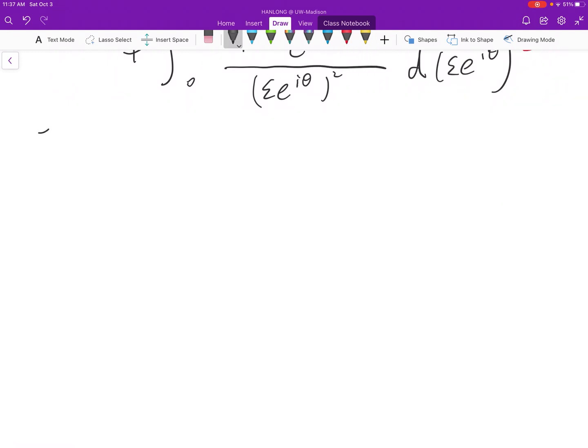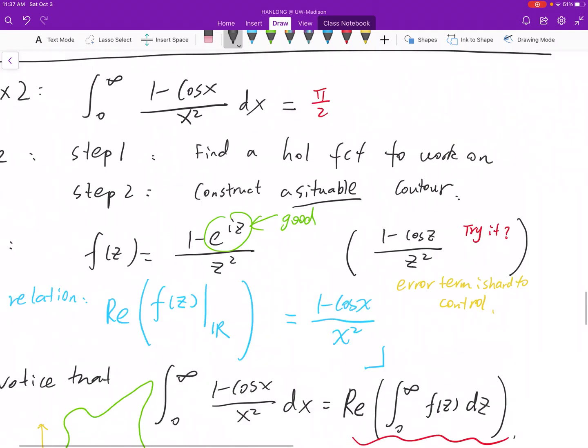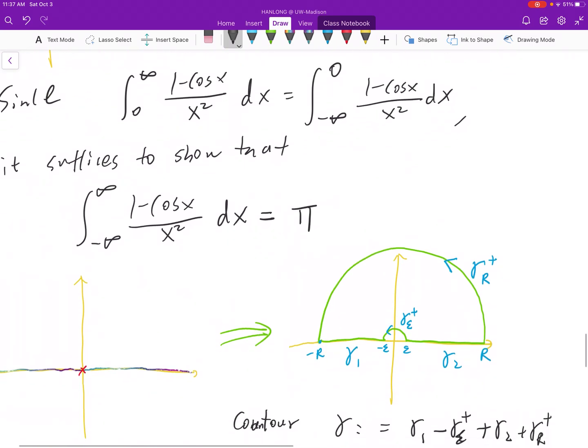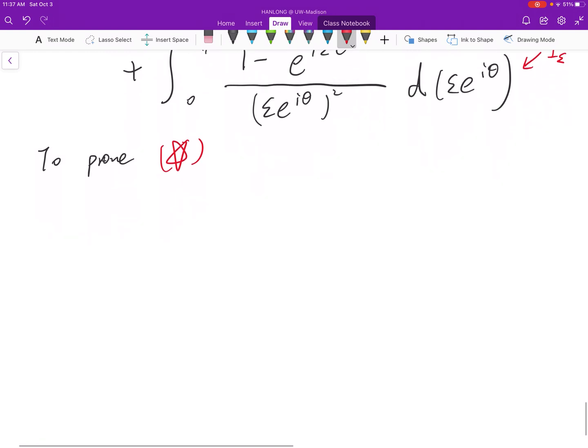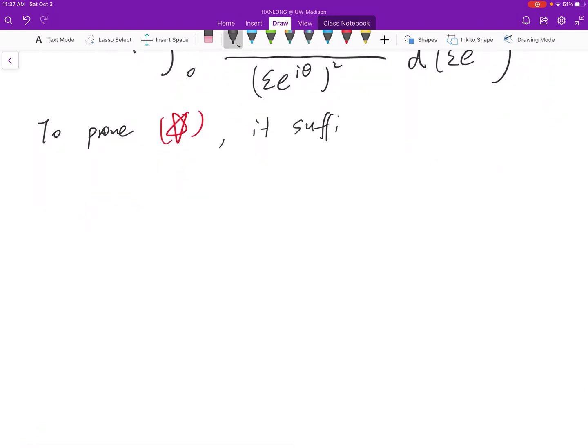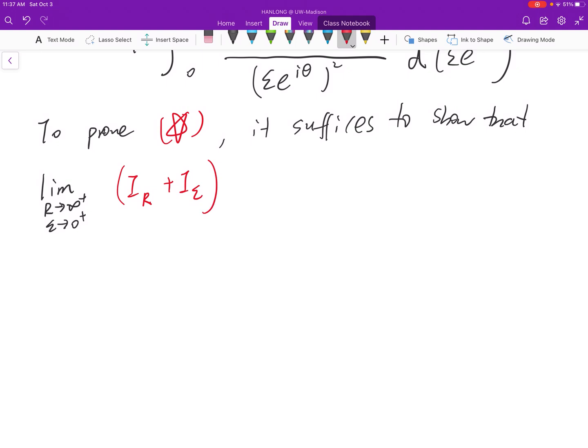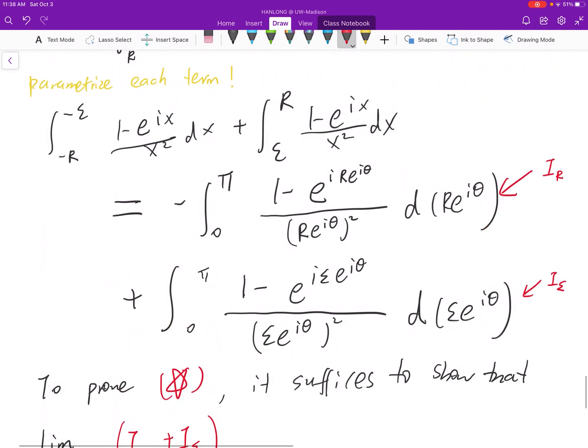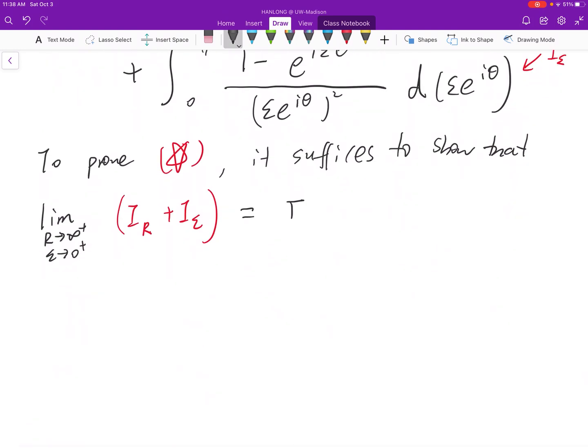Okay, and then you noted that to prove this formula, let's call it star, it suffices to show that the limit as R goes to positive infinity and epsilon goes to 0 from positive numbers of I_R plus I_epsilon is pi.